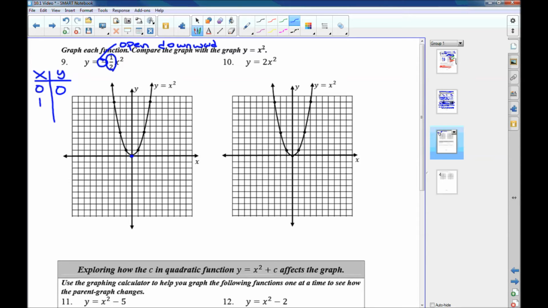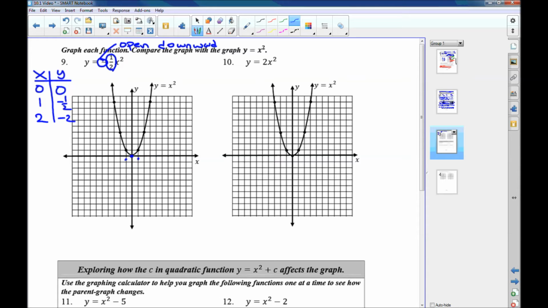If I try 1, 1 squared is 1 and times negative 1/2 is negative 1/2. Normally we go over 1 and up 1, but this time we're going to go over 1 and only down 1/2, which is 1/2 of the usual amount. If I plug in a 2, we get 2 squared, which is 4, and 4 times negative 1/2 makes negative 2.